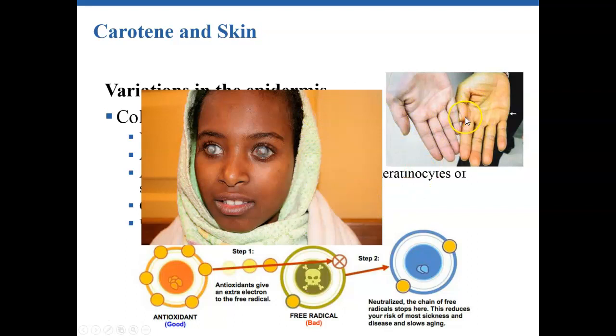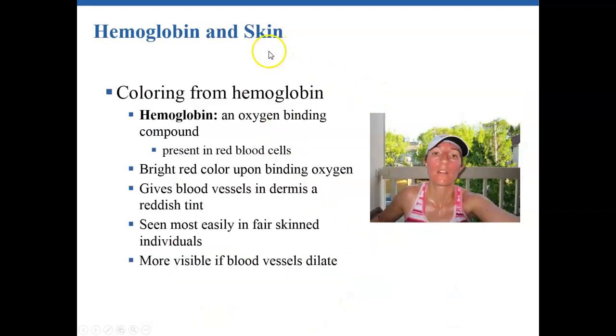But with too much vitamin A or too much carotene, your skin can actually turn orange. So that's an example of vitamin A toxicity, which is not that big of a deal. It's just an orange pigment. The last molecule that influences our pigment is hemoglobin.